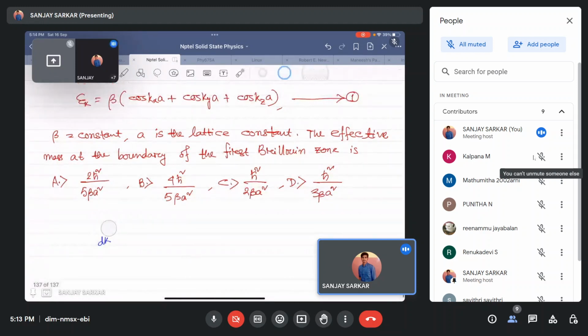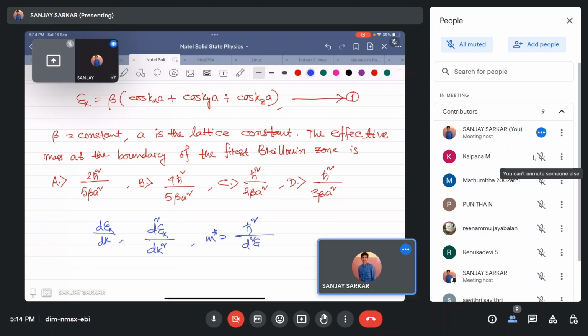E is actually epsilon k, so d epsilon k by dk, and then d2 epsilon k by dk2, and use this formula m star equal to h bar square by d2 epsilon k by dk2, and let me know what is the answer.